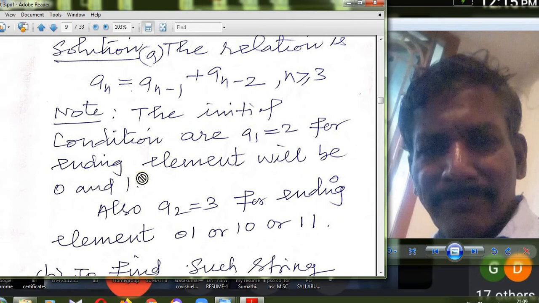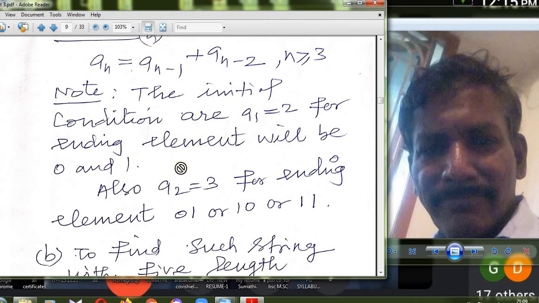Am I correct? So if that is the case, the value would be a1 equal to 2. Now a2 equals 3, for the strings 01, 10 and 11.